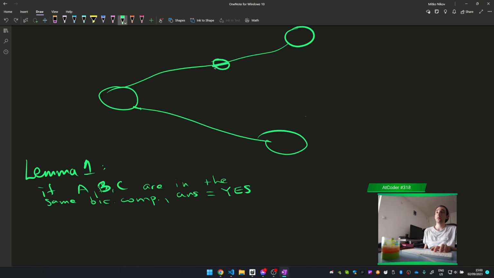And this articulation point can be thought of as being C, the closest articulation point to B. Because this path here has to be. Does it have to be? No, it doesn't have to be. There could be another path here, and then a path like this.